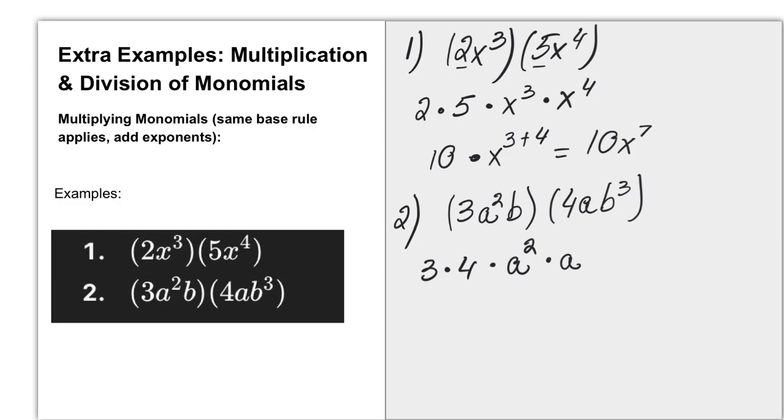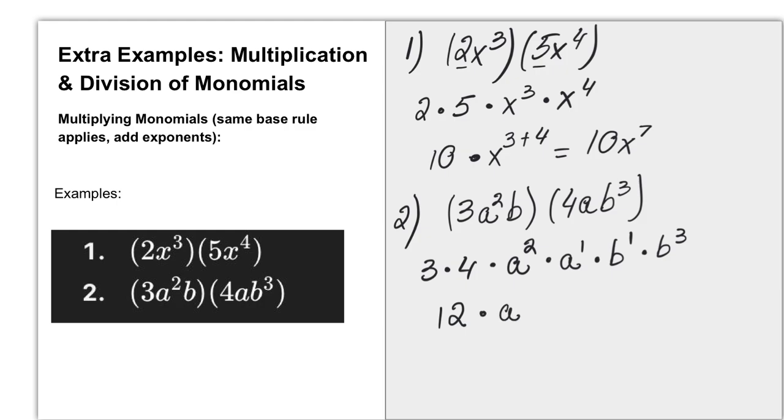Remember that when a doesn't have an exponent, it's an exponent of 1, raised to the first power. And then let's go ahead and say b raised to the first power times b to the third power. 3 times 4 is 12.